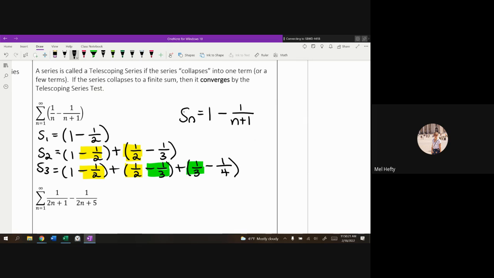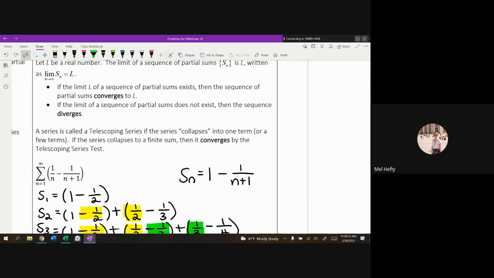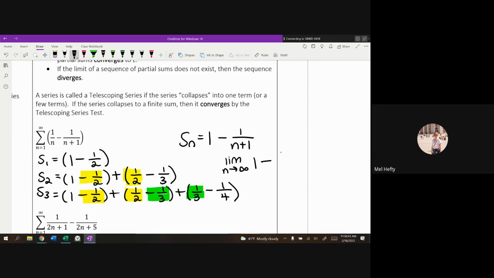Notice that for the third partial sum, it was 4 at the bottom. Now, this is almost never going to happen. Telescoping series are pretty cool in that we can actually find a formula for the partial sums. And all of this verbiage at the top means if I take the limit of this partial sum, I will get the limit of this series. So if I do this, 1 over n plus 1, where is this approaching as I shove n towards infinity? 1 over infinity plus 1.